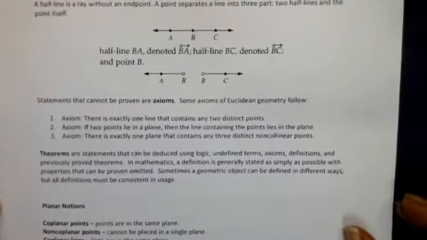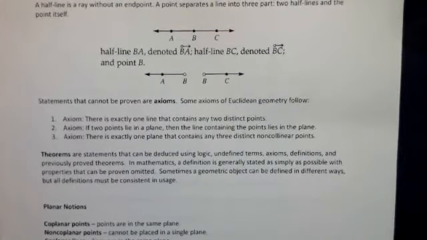Okay, statements that cannot be proven are what we call axioms. And here are a few axioms found in Euclidean geometry. Euclidean geometry is named after a mathematician named Euclid. He is pretty much considered to be the father of geometry.